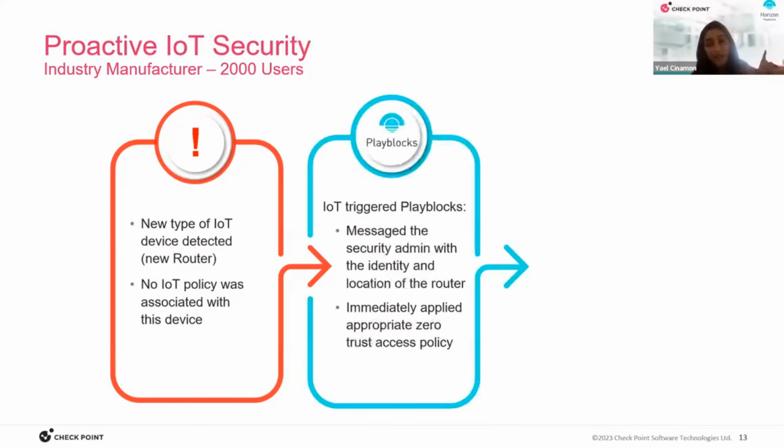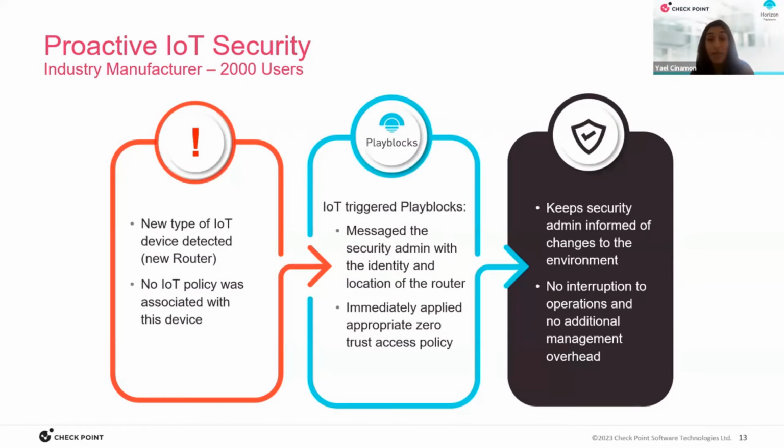That detection triggered Playblocks to message the security admin with the identification and the location of the router, and then immediately applied the appropriate zero trust access policy to make sure it's in sync with the necessary policy.